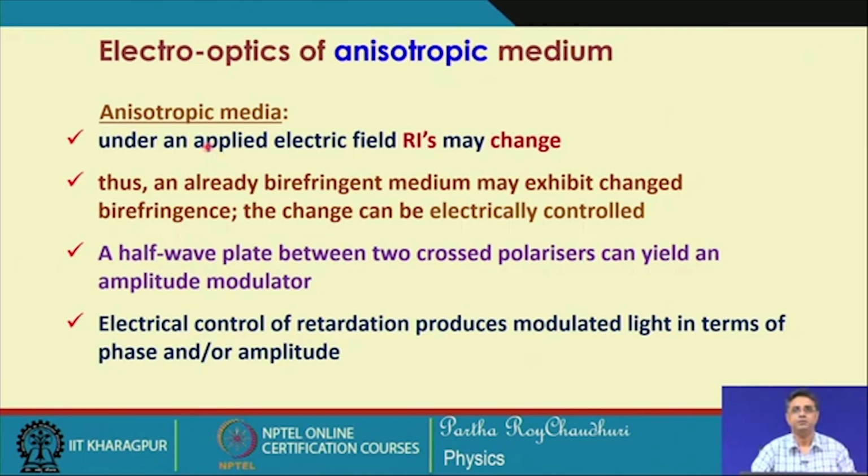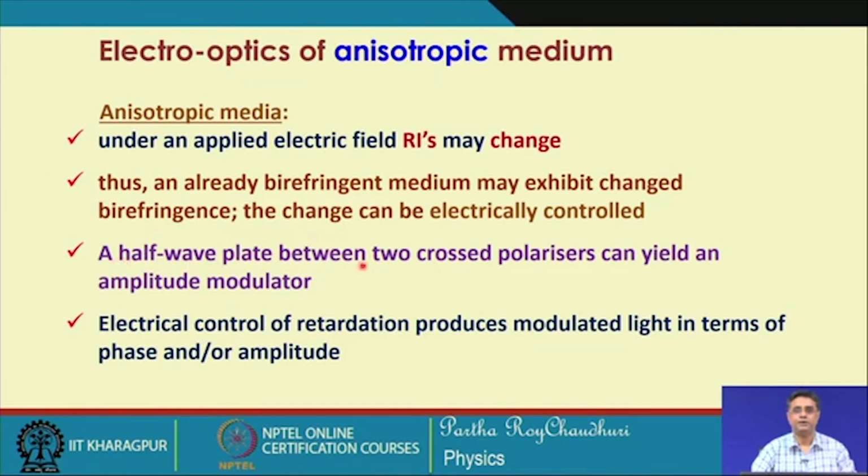In general, this all depends on how this crystal is configured. So, as a result, an already existing birefringent medium, anisotropic medium, may exhibit changes in the birefringence, and this change can be electrically controlled by external applied electric field.